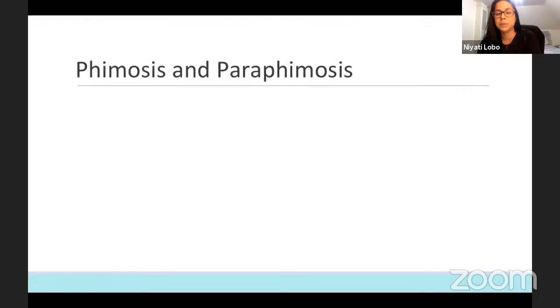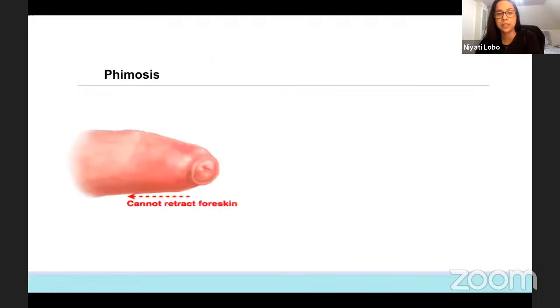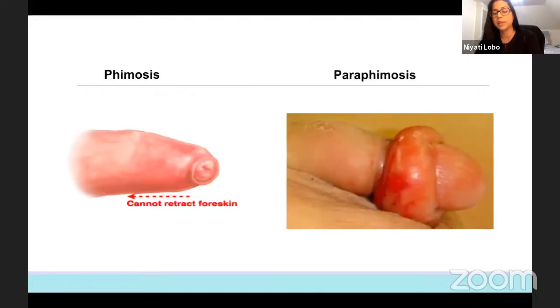So the difference between phimosis and paraphimosis. We've already talked about phimosis. You know what that is. That is just a tight foreskin, where you cannot pull that foreskin back over the head of the penis. Paraphimosis is something different. This is what happens when you retract the foreskin beyond the glans, but you don't replace it, so you don't pull it back.